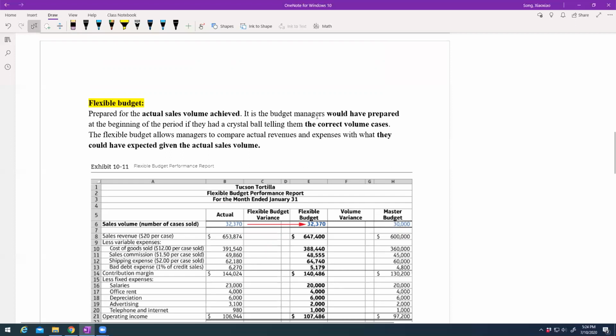It's the budget managers would have prepared at the beginning of the period if they had a crystal ball telling them the correct volume. The flexible budget allows managers to compare actual revenue and expense with what they could have expected given the actual sales volume.